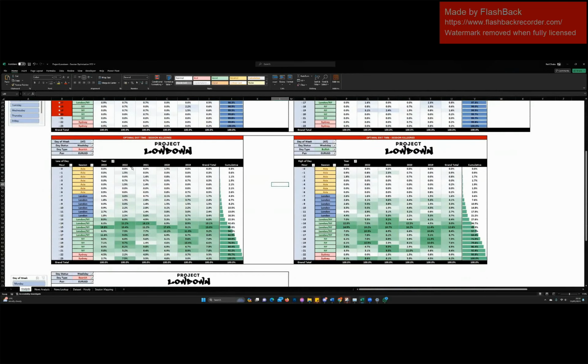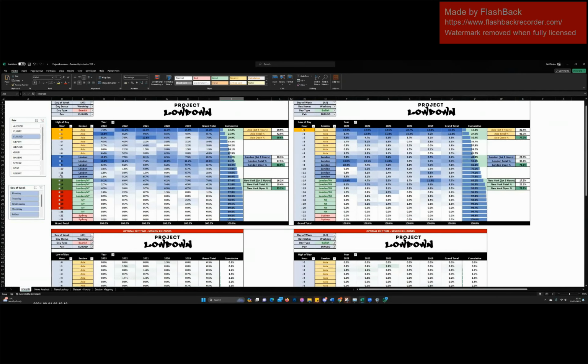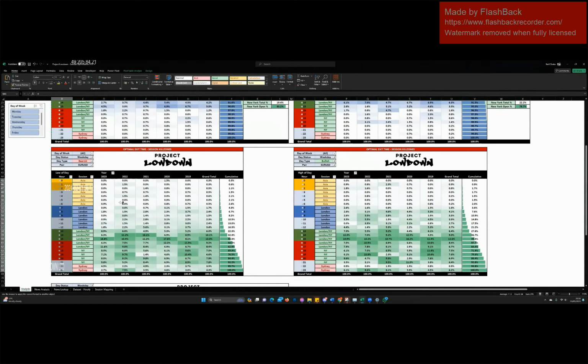All right, so go on EURUSD and you see in the bearish scenario, the low of the day, as you can see, between the hours of 3 and 8, we can see the probability of the low of the day appearing is between 45 and 84.4%.